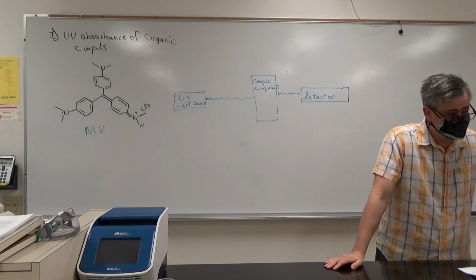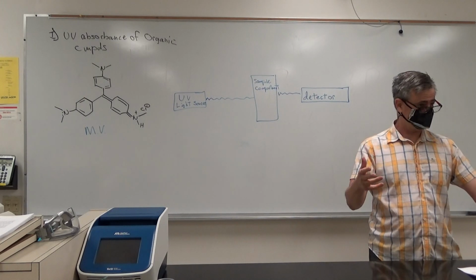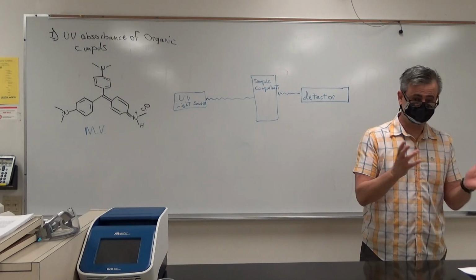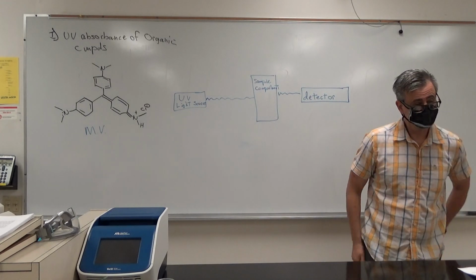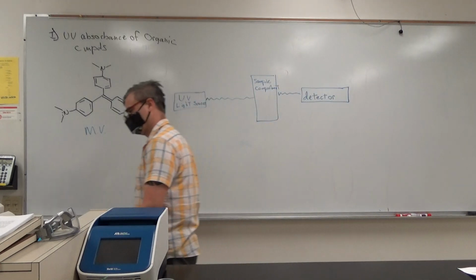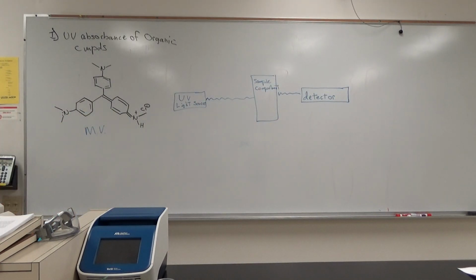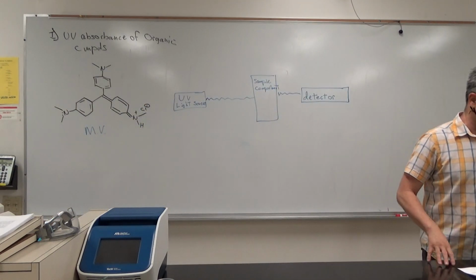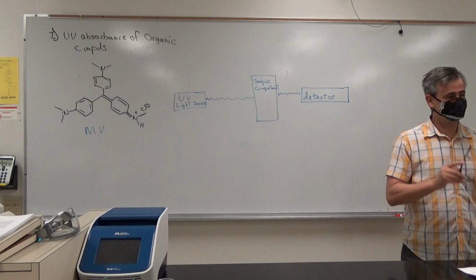Okay, so let's think about some of the things that would cause a solution to absorb light less or more. Can you think of some things? Concentration, exactly. I have a super cheesy example that I always use.